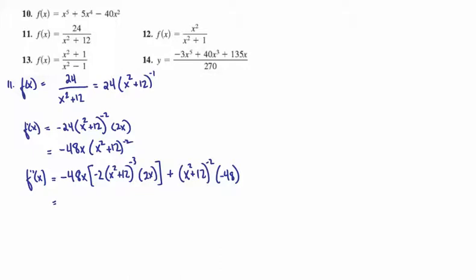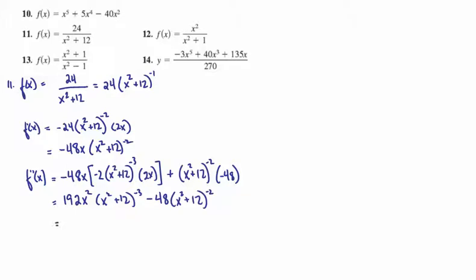Right, I need some simplifying there. With the first part, 2 times 2 times 48, that should be 192, and negative times negative is positive, so I have 192 x squared times x squared plus 12 to the negative third, then minus 48 x squared plus 12 to the negative second.